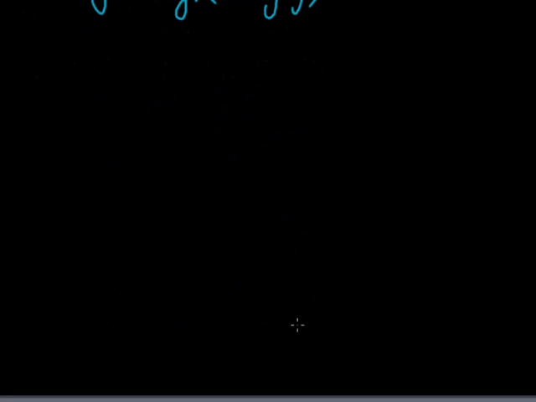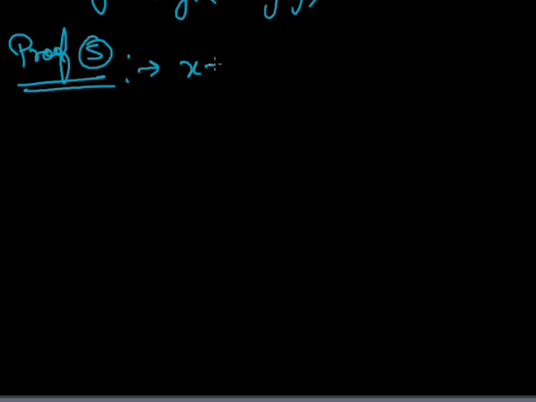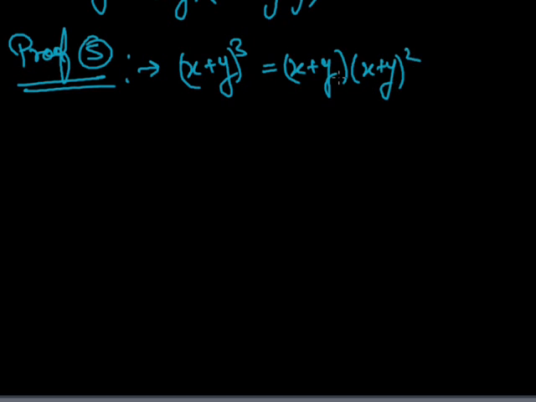Like, if we have to see the proof of the fifth identity, then we have to compute the value of (x plus y) whole cube. To solve it, we can write it as (x plus y) into (x plus y) whole square. Now, as we have already studied, (x plus y) whole square is given by x square plus 2xy plus y square.